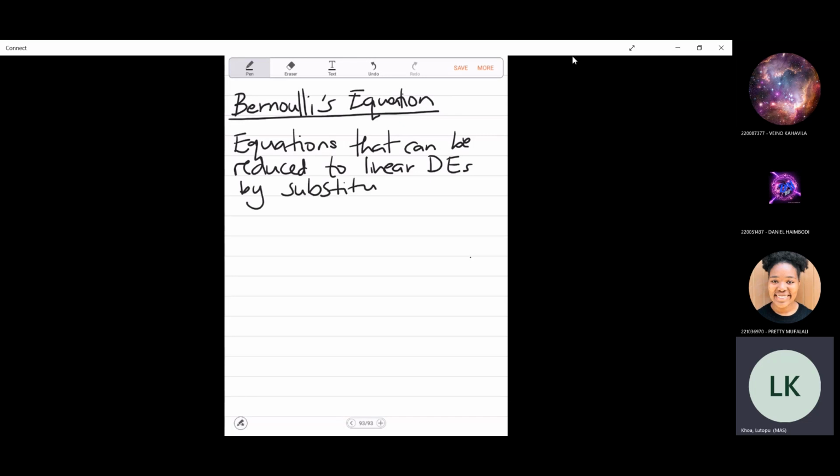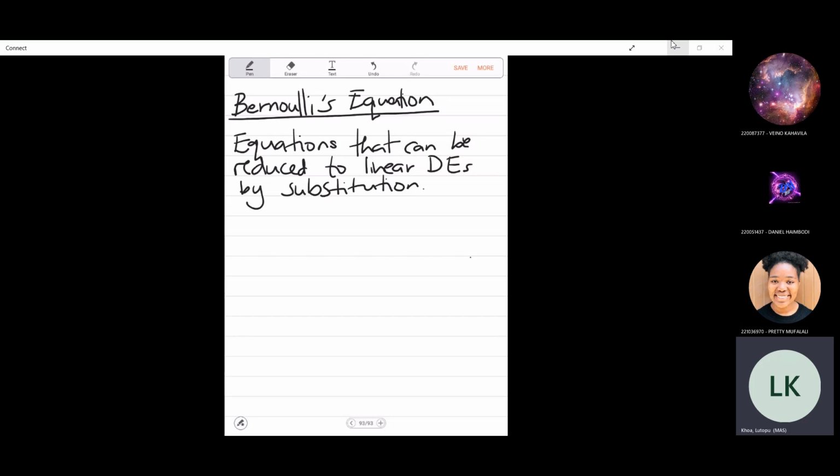So that means at first glance, when you look at them, they are not linear, so you cannot rewrite them in the form that we require. But if you were to make a substitution, changing the variables, you can rewrite it so that it is in fact linear.